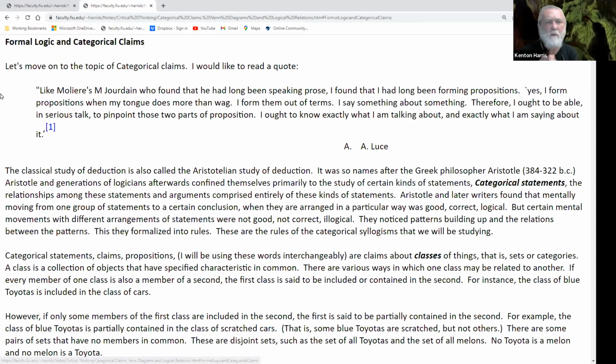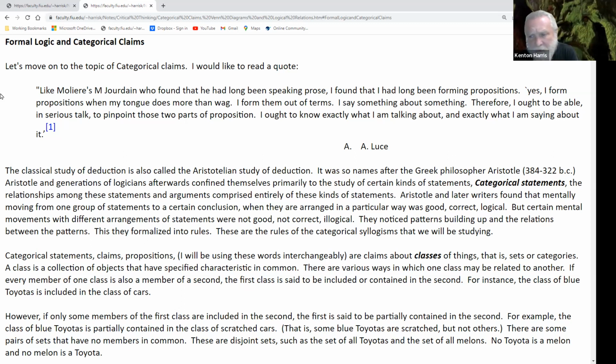But let's move on. Formal logic and categorical claims. The classical study of deduction has also been called the Aristotelian study of deduction, and it was so named after the Greek philosopher Aristotle. Aristotle and generations of logicians afterwards confined themselves primarily to the study of certain kinds of statements, specifically categorical statements, and the logical relationships among these statements, and arguments that were comprised entirely of these kinds of statements.